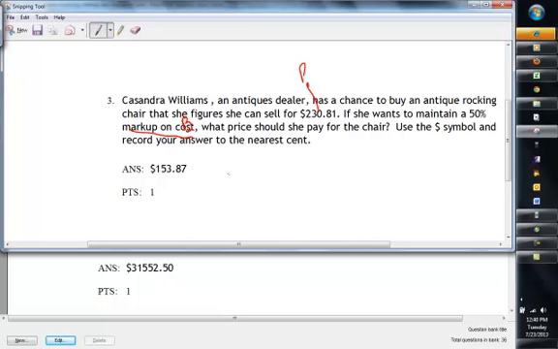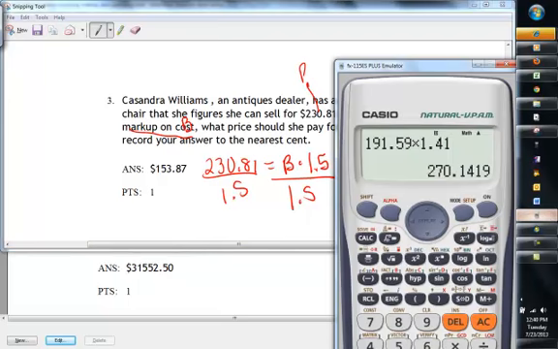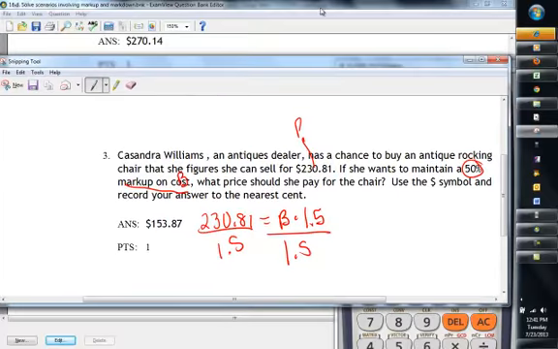We want to know what the cost is. So 230.81 is the base times 1.5 because it's a 50% markup. Divide both sides by 1.5 and 230.81 over 1.5 is 153.87.